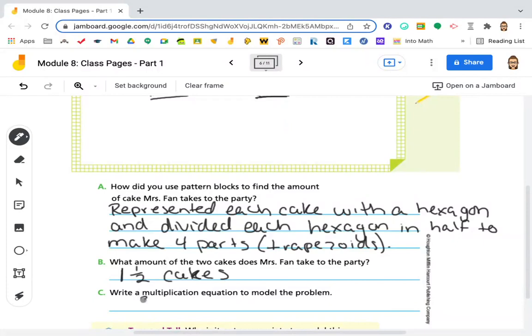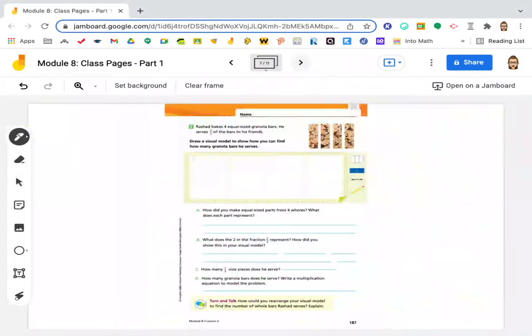Well, we would be doing 3/4 times 2 equals 1.5. Then we go to the next page.